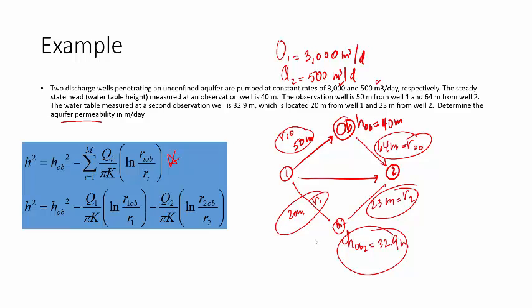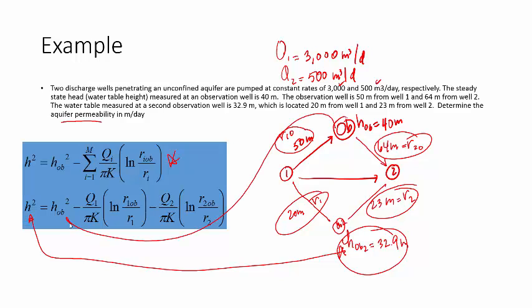I use my observation well 1 as this value here, and my observation well here, then I have the distances. So really what you have are two observation wells, and you know the water tables for each one of those wells, and then just substitute in the equation.